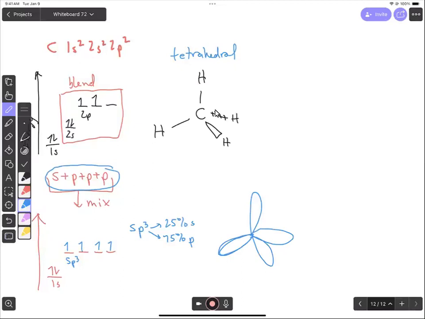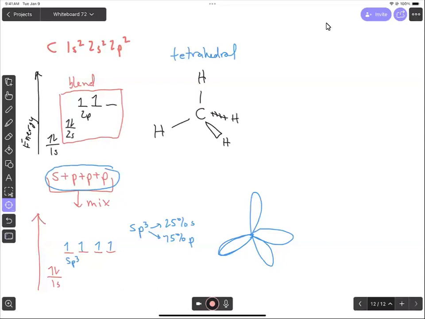So now we have 4 identical orbitals that can form 4 identical bonds with hydrogen. We know that's the case. All of these carbon-hydrogen bonds are the same length, they're the same energy, which means they need to be coming from the same type of orbital.